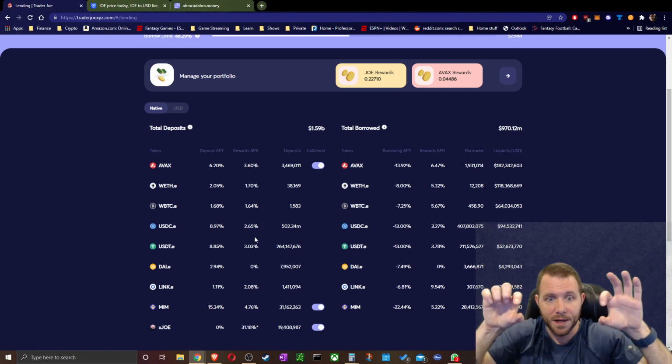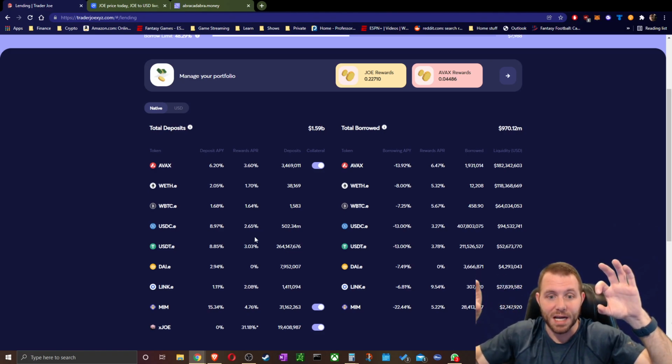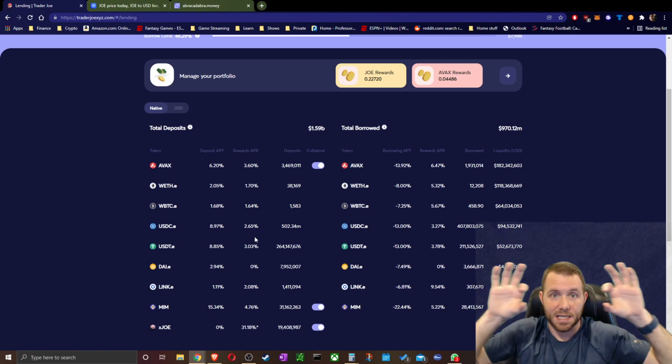And then let's say, though, in this case, the borrow side ends up starting to grow in value, okay, and then the deposit side starts to lose value. Now all of a sudden your loan to value ratio is growing exponentially, and it's getting further and further apart.